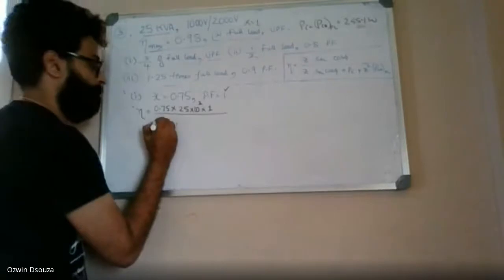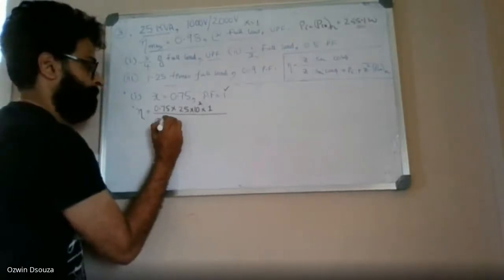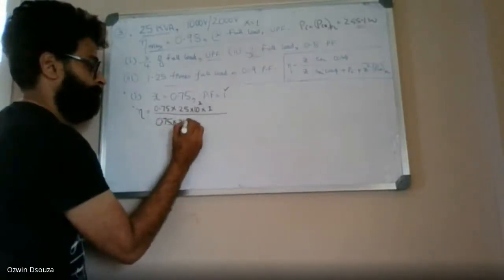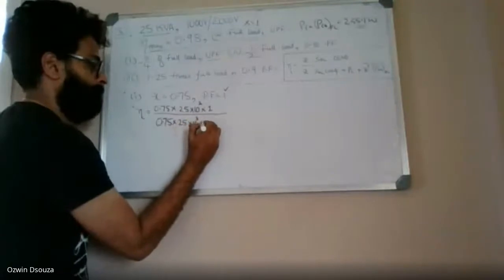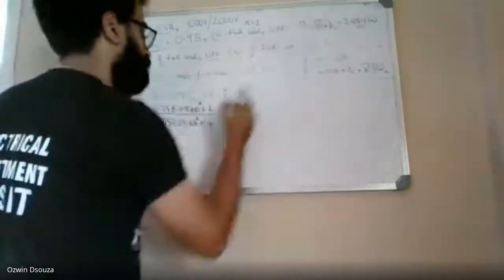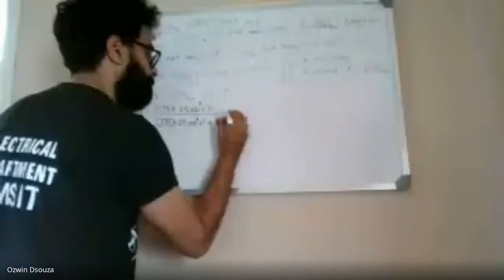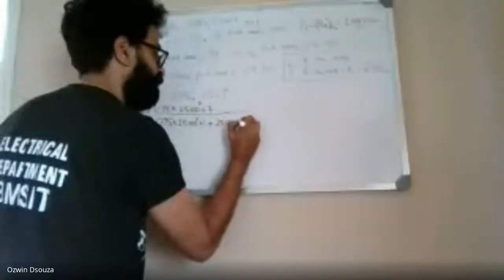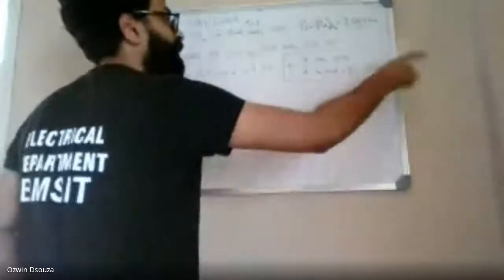Divided by, plus iron loss, you have found 255.1, plus X square times the copper loss. So what is X? It is 0.75.